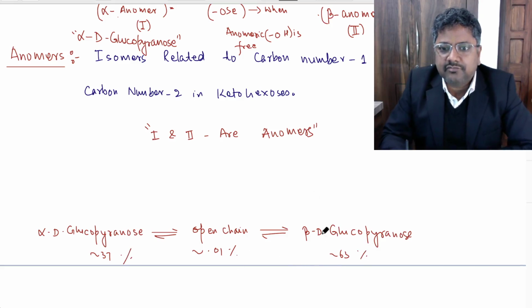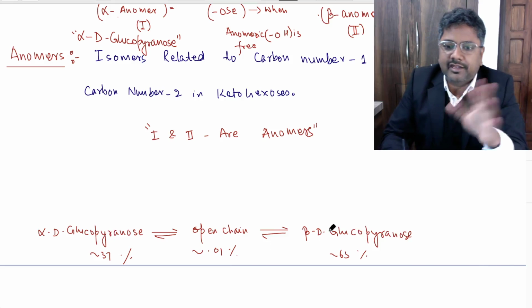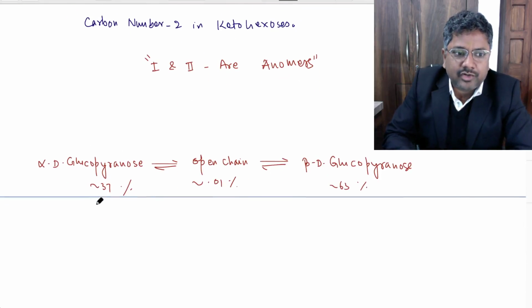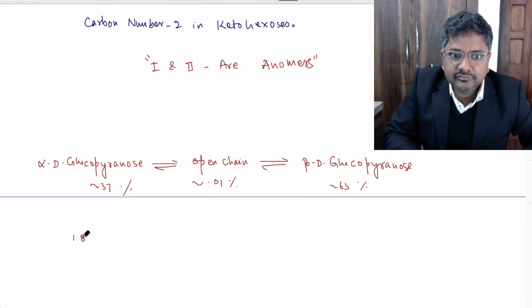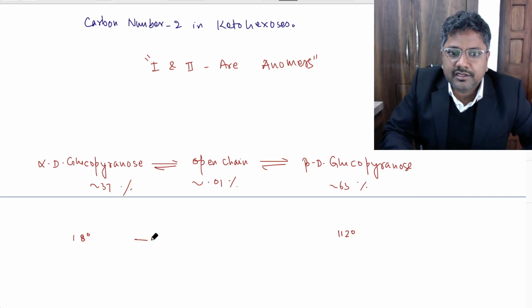This is the cause of mutarotation, that this alpha-D will convert into beta-D, and beta-D converts into alpha-D. So the optical rotation of this is 18 degree, and of this is 112 degree, and this will be 54 degree.